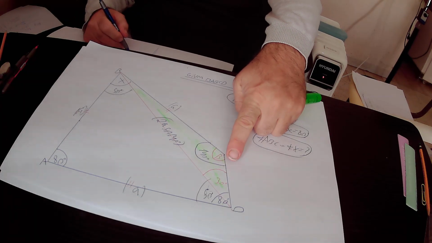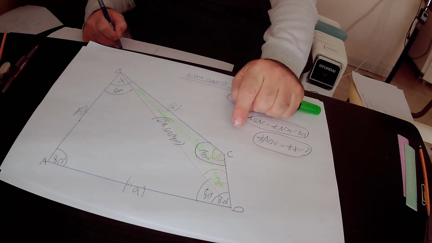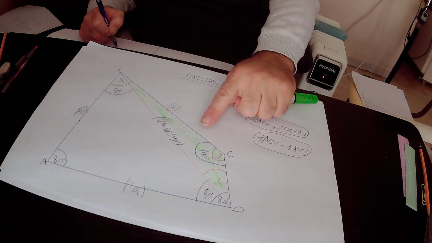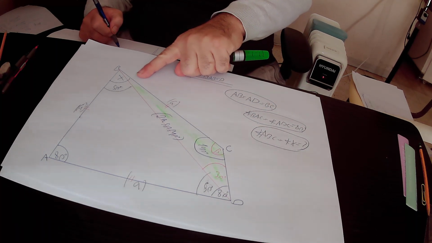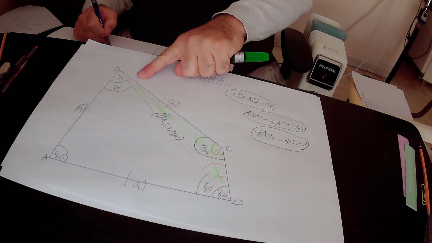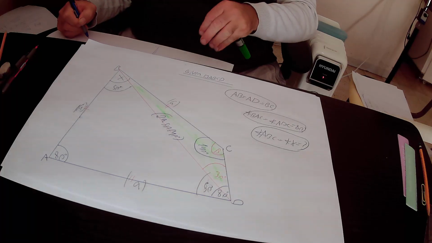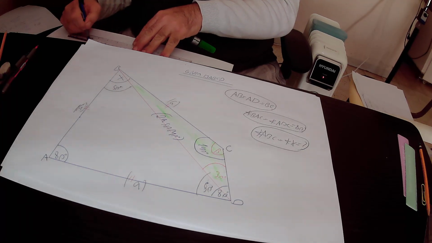This angle equals 30 degrees in size, plus this angle beta equals 140 degrees in size, plus this third angle, angle DBC. In total, the sum of those angles must be equal to 180 degrees, according to the rule that the sum of the angles in any triangle is equal to 180 degrees.